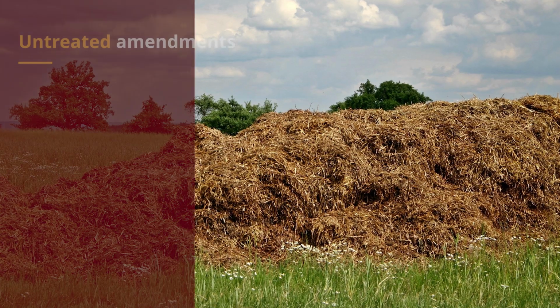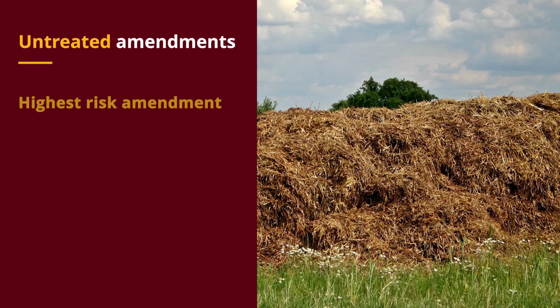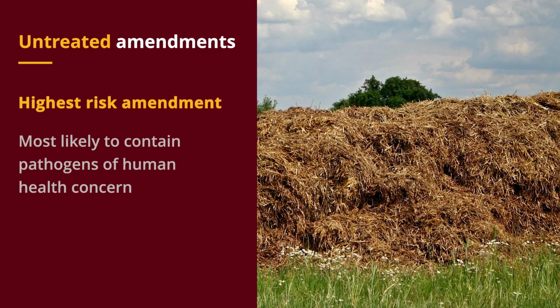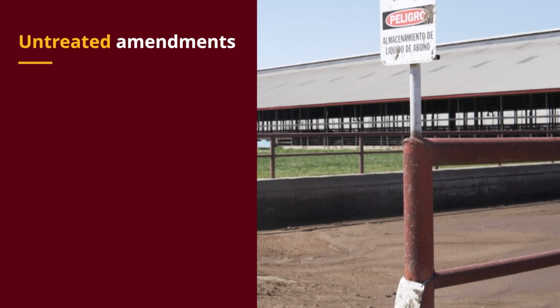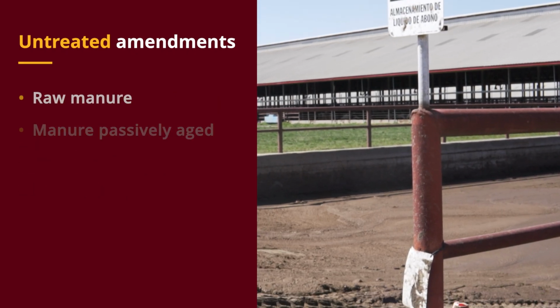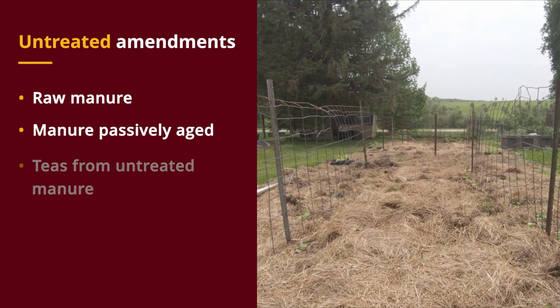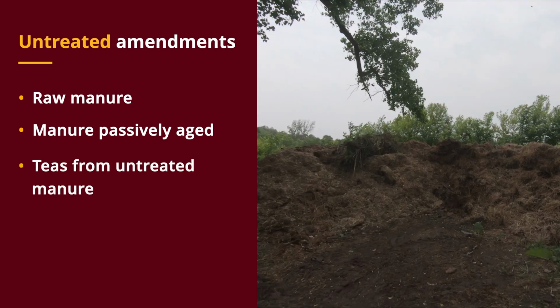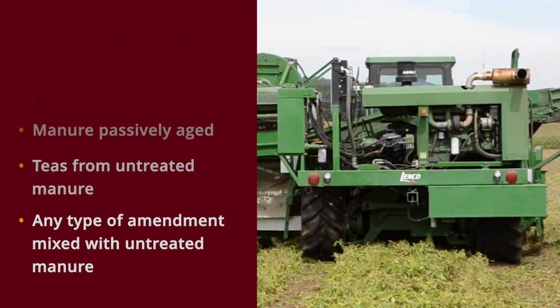Next, let's talk about untreated animal-based amendments. This is the highest risk type of amendment, as it is the most likely to contain pathogens of human health concern. These amendments include raw manure, manure that has been passively aged in a stacked pile, teas made from untreated manure, or any type of amendment that has been mixed with untreated manure.